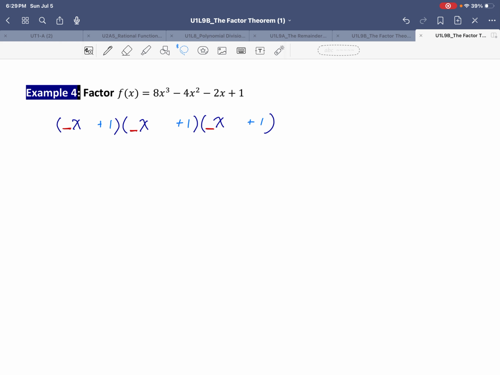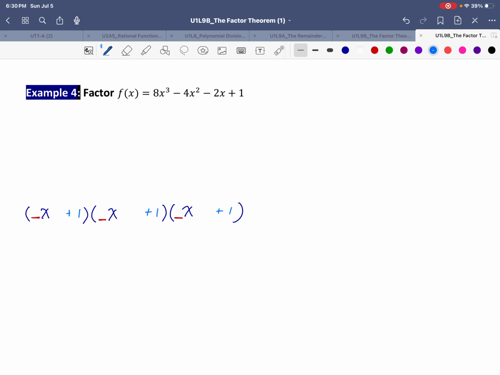So normally what we do is we start with identifying the leading coefficient. The leading coefficient here is 8. So therefore, we're going to say that the possible factors of 8 would be plus minus 1, plus minus 2, plus minus 4, and plus minus 8.